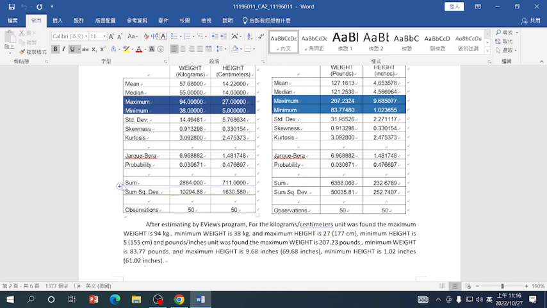For pounds per inch units, the maximum weight is 207.23 pounds and the minimum weight is 87.77 pounds, and the maximum height is 69.68 inches and the minimum height is 61.02 inches.